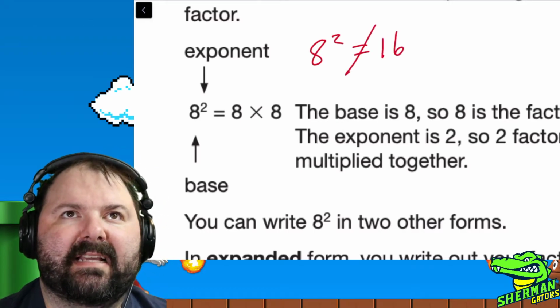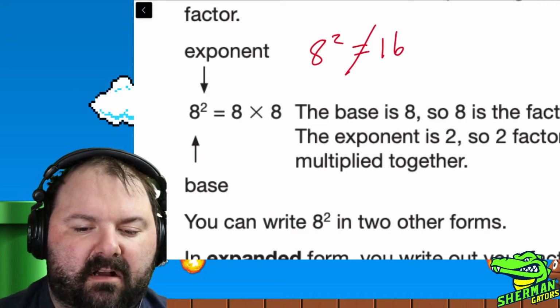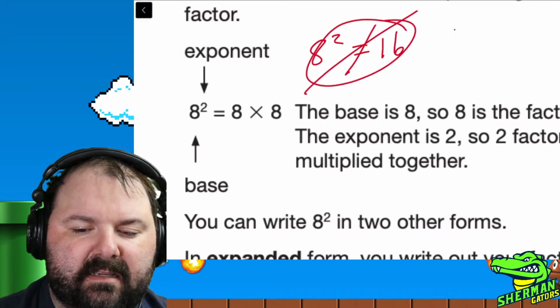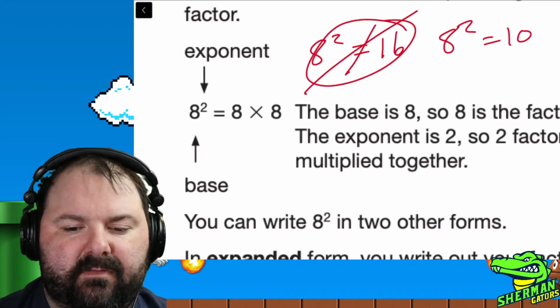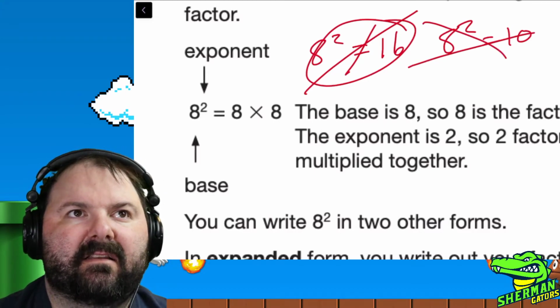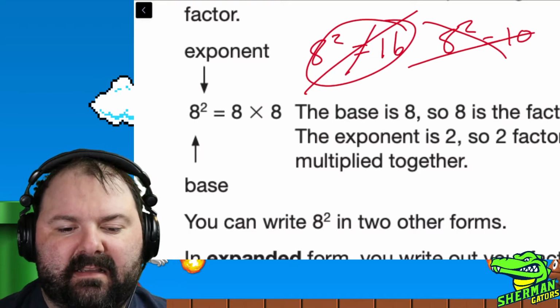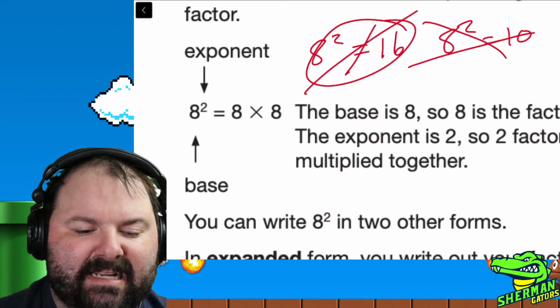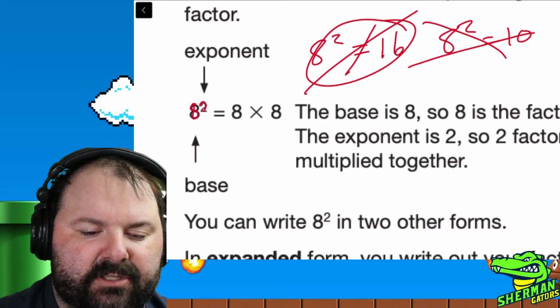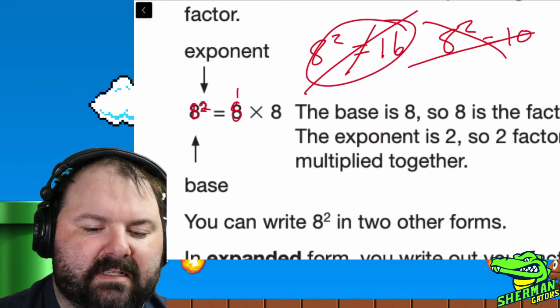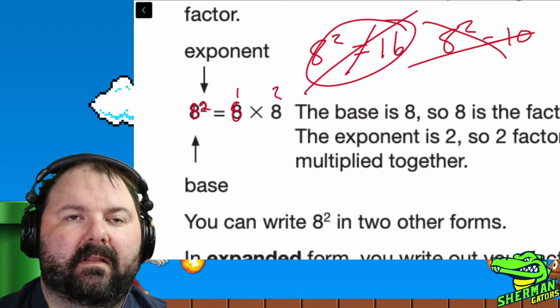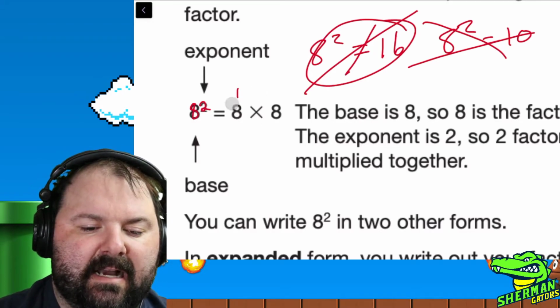It is not 8 times 2. It is also not 10. It is not 8 plus 2. It's 8 times 8. So the way you can think about it is 8, 2 times, meaning 8 one time, 2 times. So let's not get that confused.